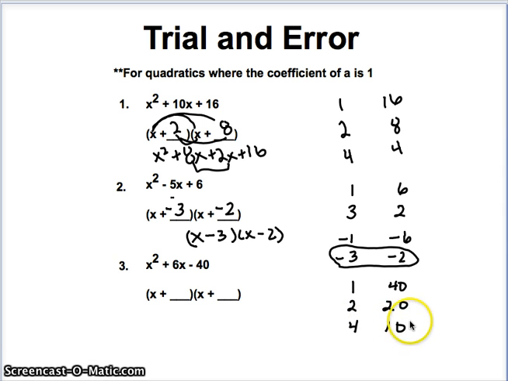I think we can stop right there because we see 4 and 10 has a difference of 6. Now, when deciding where to put the signs, I always want to put the sign of the middle term with the larger number. So in this case, that would be 10. I want x plus 10 and x minus 4.